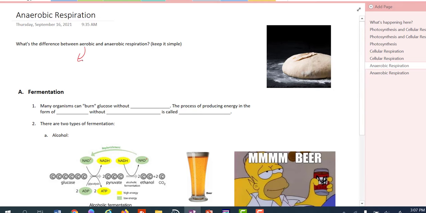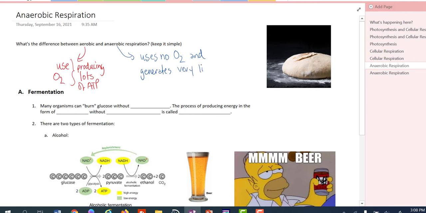Aerobic respiration uses oxygen, and so what we should probably know here is we end up producing lots of ATP, whereas anaerobic respiration uses no oxygen and generates very little ATP, albeit quite quickly.